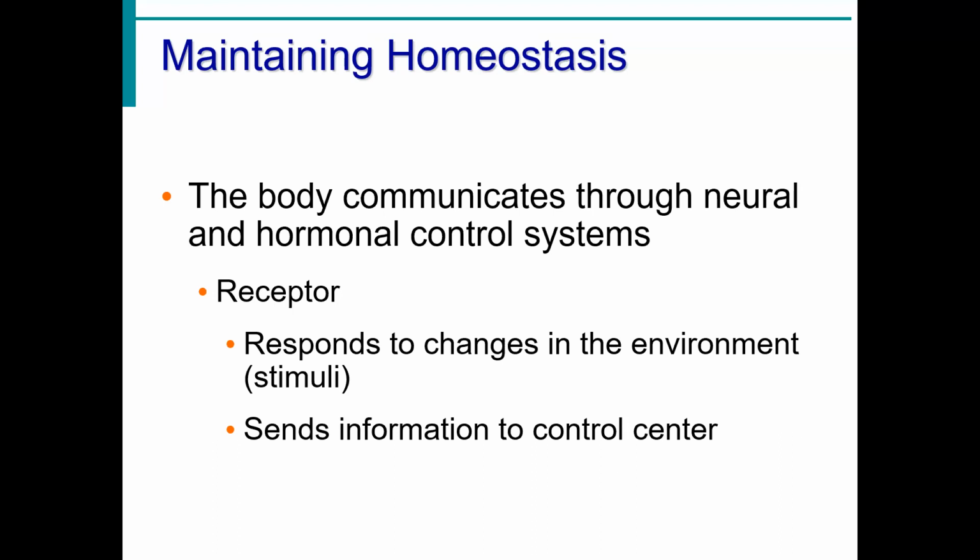The body communicates through neural and hormonal control systems, okay? So we've got sensors that respond to changes in the environment, okay? When a certain ligand binds its receptor, it's going to signal for a signaling cascade to begin, and information will be transferred that way, and a response will take place, all right?